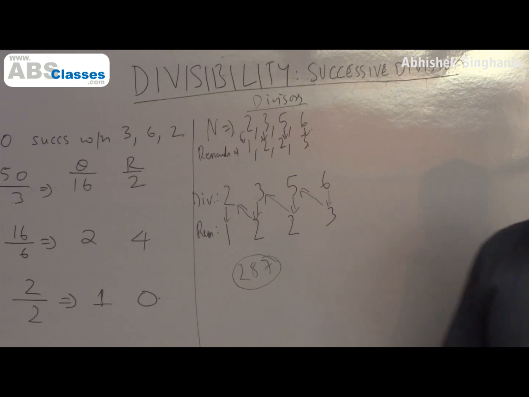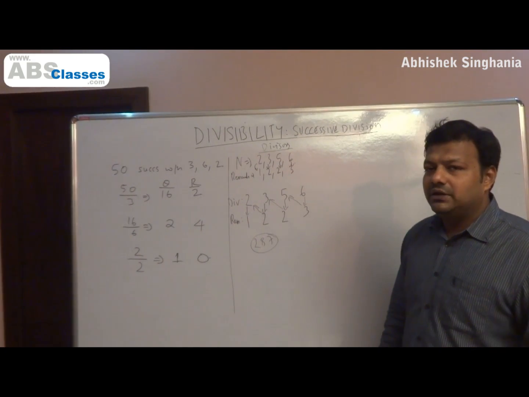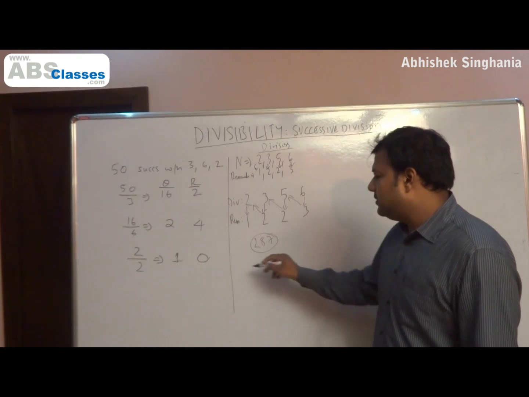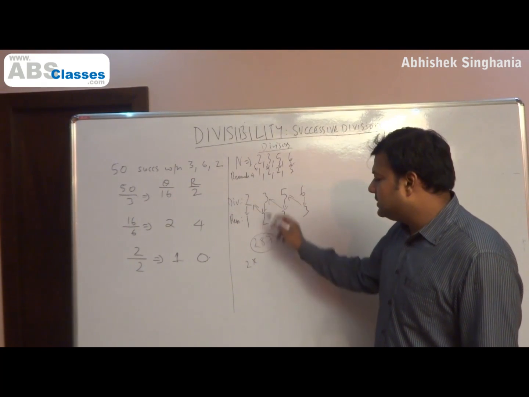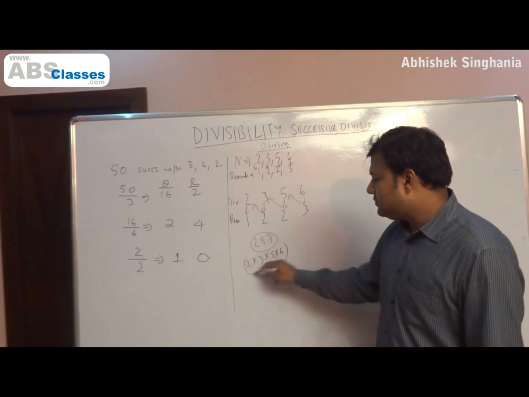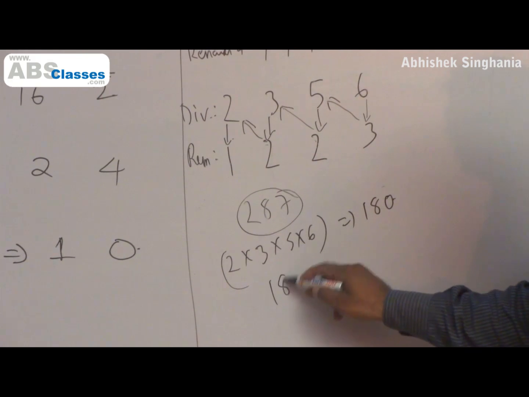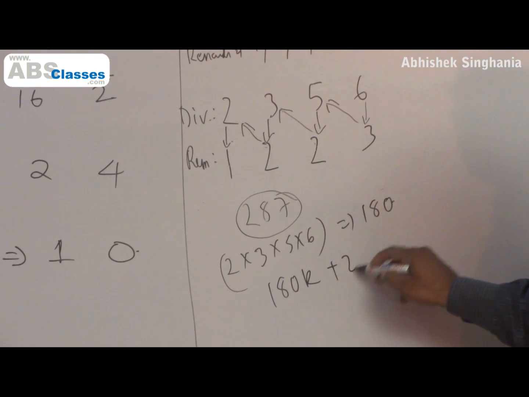But 287 is not going to be the sole number which will give us a situation like this. How do I find the next bigger number? It's very simple. Take the product of the divisors, 2, 3, 5 and 6, which is equal to 180. So all the numbers will be of the form 180k plus 287.